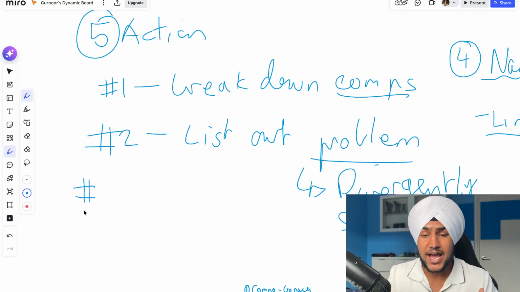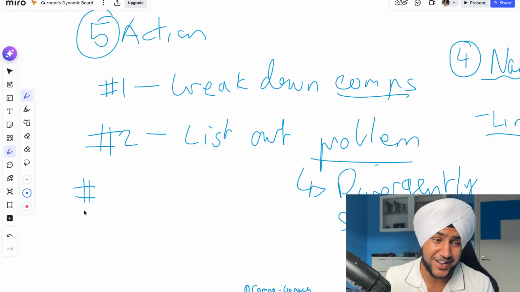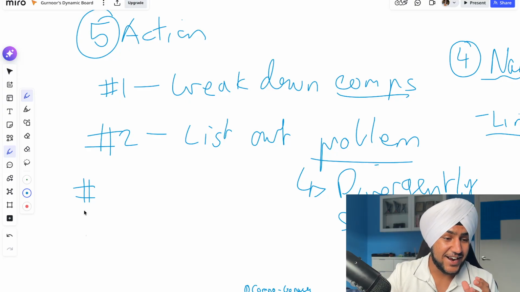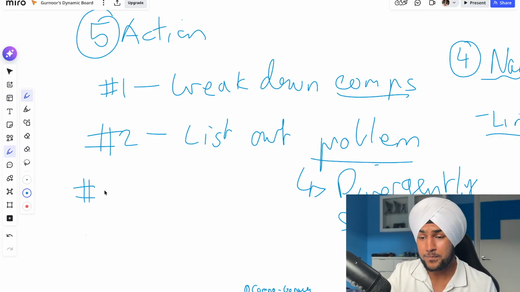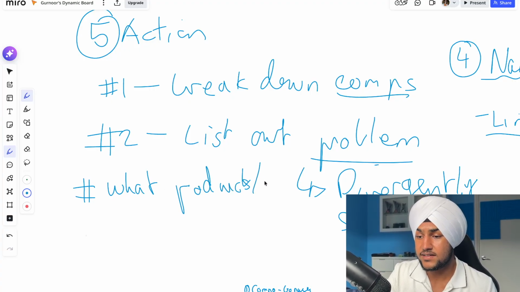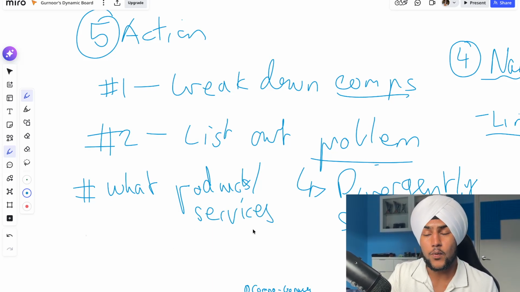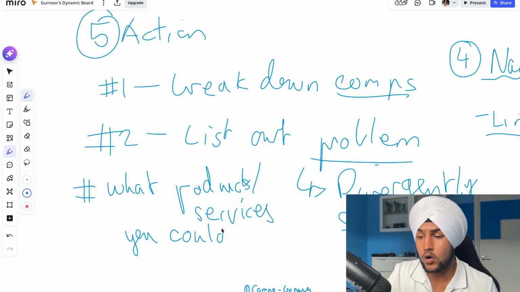Would they want a physical product that you can source from Alibaba for like 50 cents, right? So you can do that, and then after that you can brainstorm what other products and services, apologies for the horrendous handwriting, what other products and services you could offer to your clients.